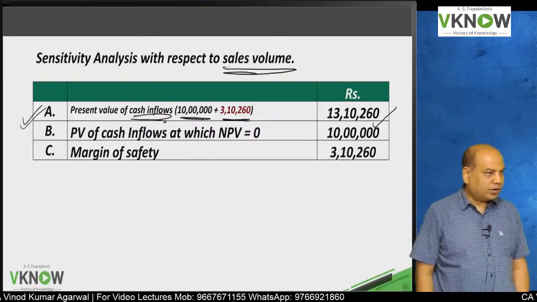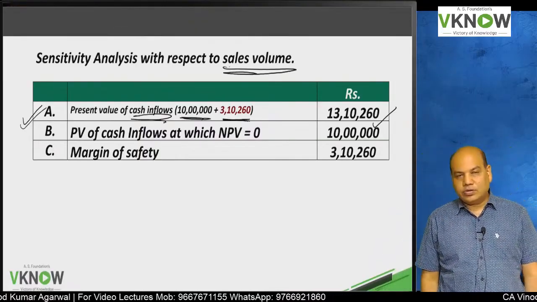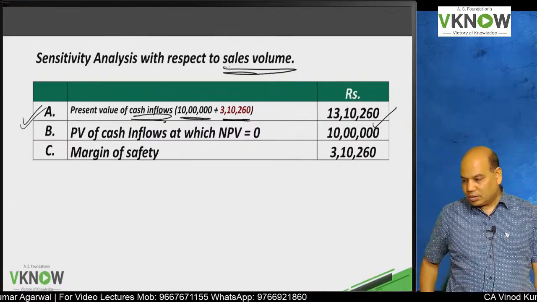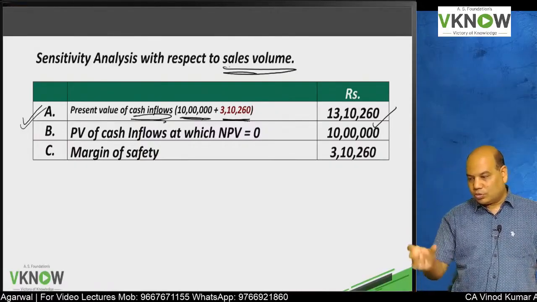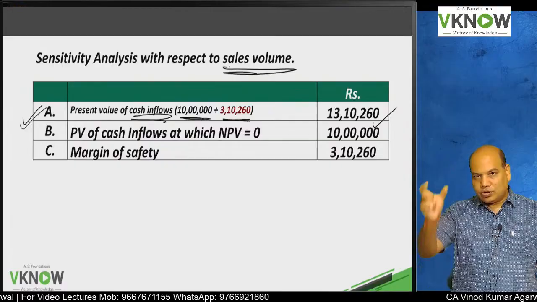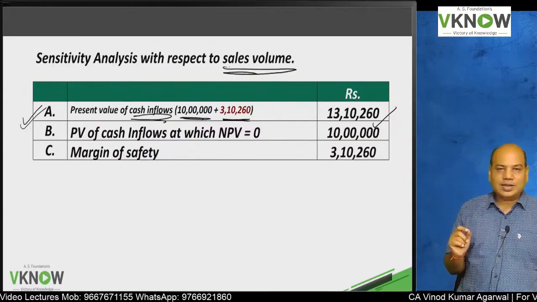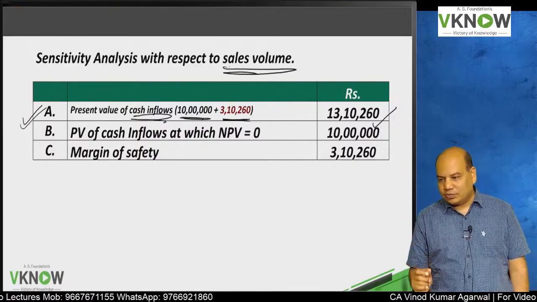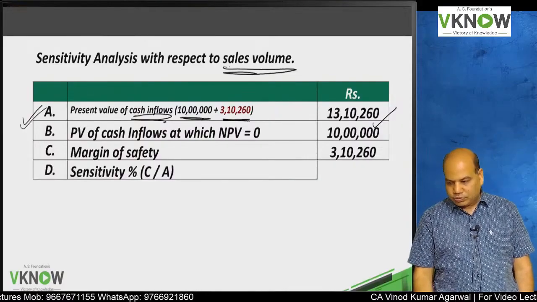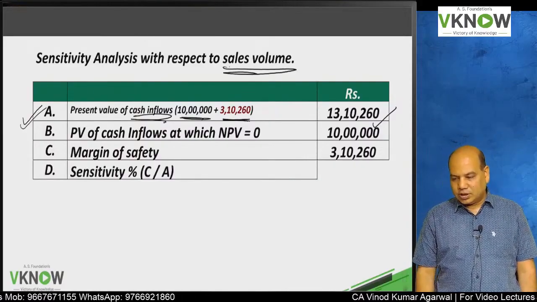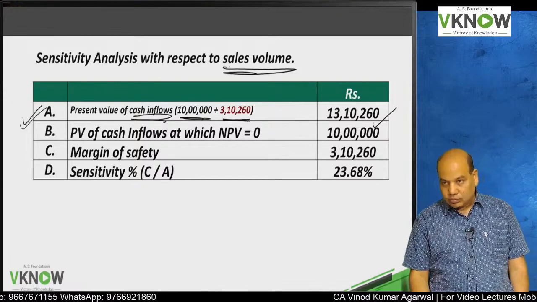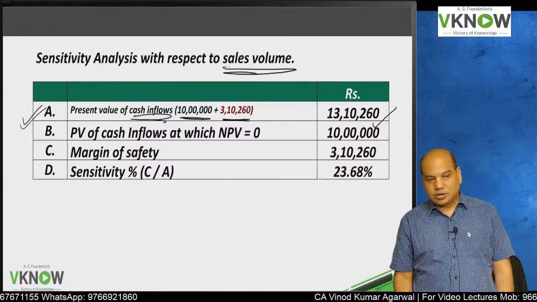I have a margin of safety equal to 3,10,260. Even if sales volume drops, and because of that my PV of cash inflow drops by 3,10,260, NPV will be 0. Therefore sensitivity percentage 23.68%.